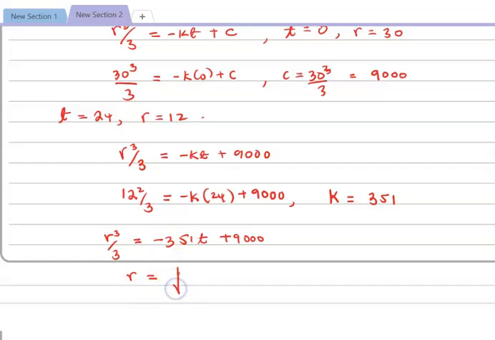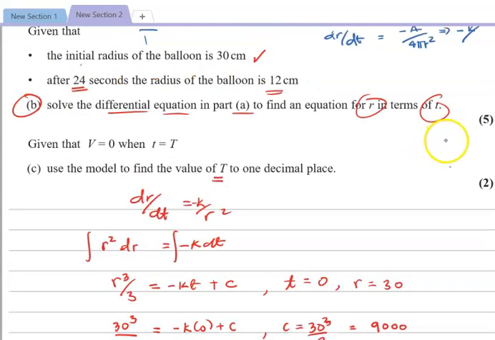So r is the cube root of 27,000 minus, when you multiply this, 1,053t. That's your value of r.